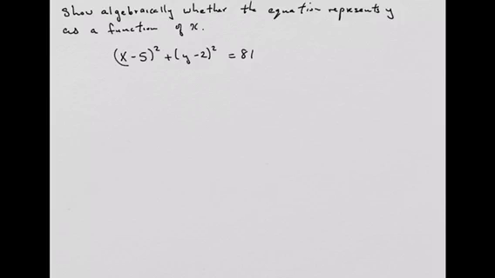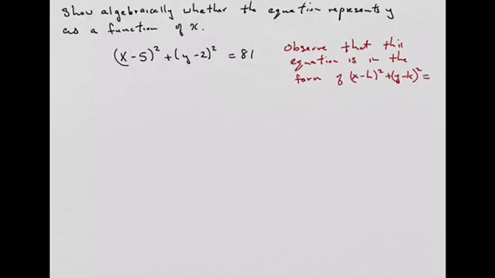If you observe, this equation is in the form of x minus h squared plus y minus k squared equals r squared, and this is a circle, and we know circles are not functions of x. Now how do we do it algebraically?